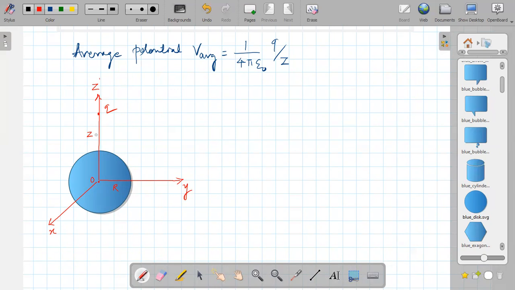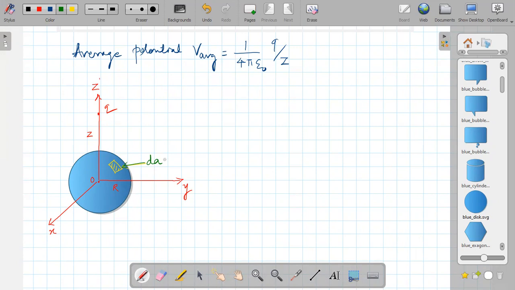Then we will take one small spherical surface element with area dA, which is on the surface of the sphere of radius capital R. I will use a different color for dA.